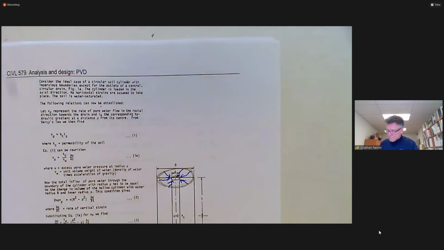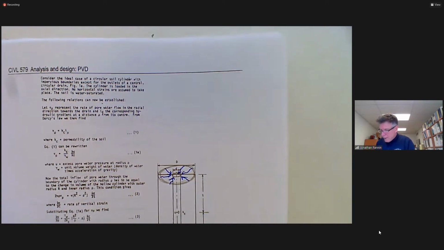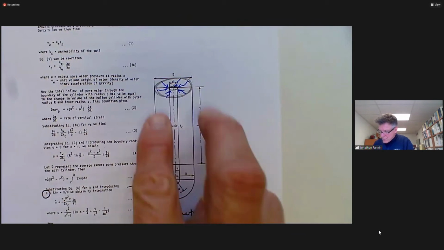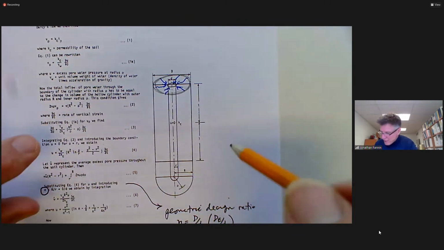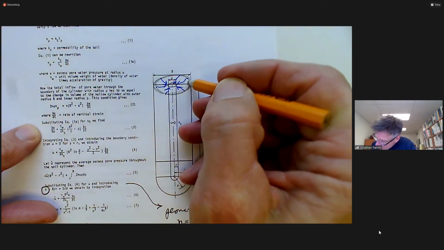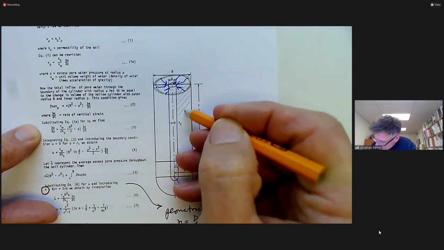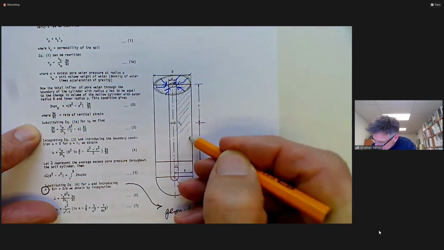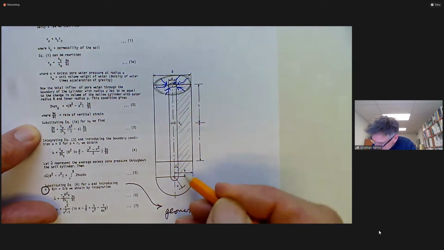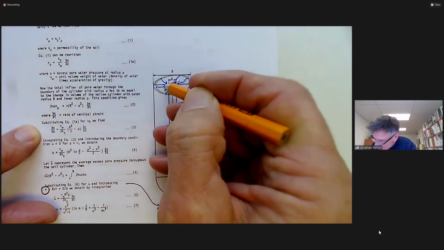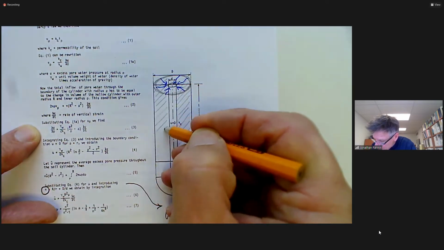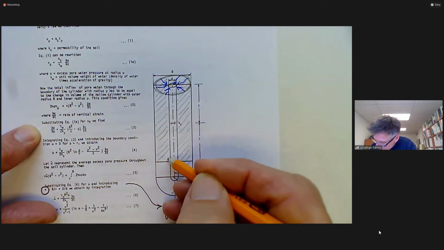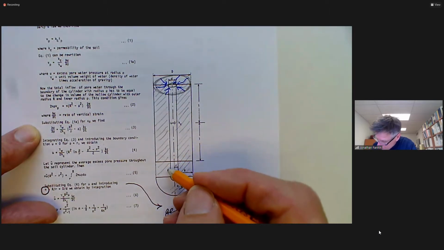Okay. And what we have is cross-section all the way through. And in that cross-section, let me shade what would be the draining material. So there's the soil. That's the soil that's draining radially into our equivalent diameter of the prefabricated vertical drain.